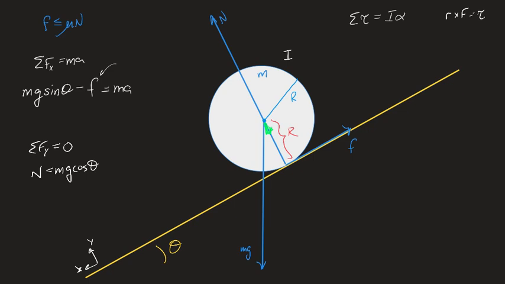The frictional force acts at a distance r away from the pivot point with a size force F, and that's going to be sine 90 degrees because this is a right angle and has to be. And this has to equal I alpha.